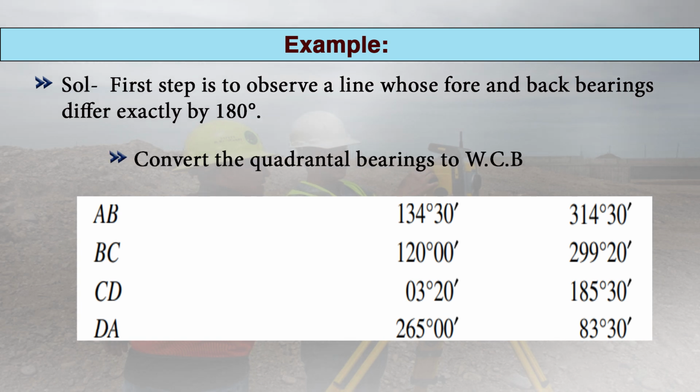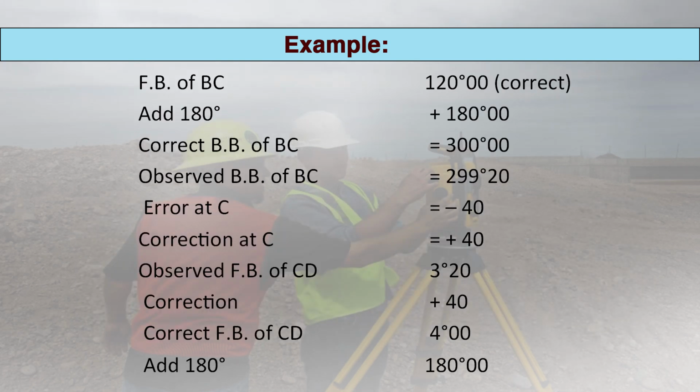Now, we will convert the quadrantal bearing system to the whole circle bearing system. We can easily convert it as discussed in the previous lectures. So, you can see lines AB, BC, CD and DA have been converted into the whole circle bearing system, with their fore bearings and back bearings. Now, the fore bearing of BC is 120 degrees, which is the correct bearing.